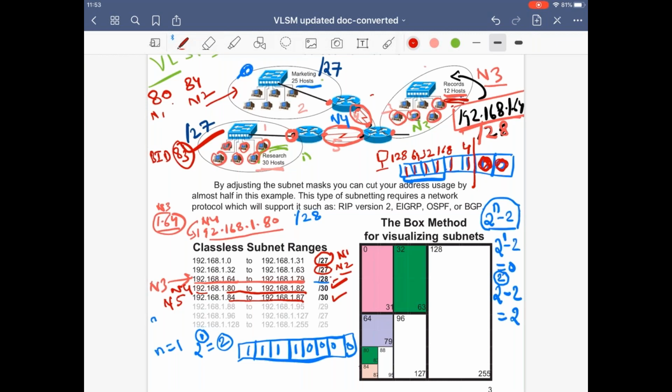Then we needed only 2 hosts, so we again changed the subnet mask according to the requirement. It became /30, and then it was N4 and again N5. So we were dividing and dividing.